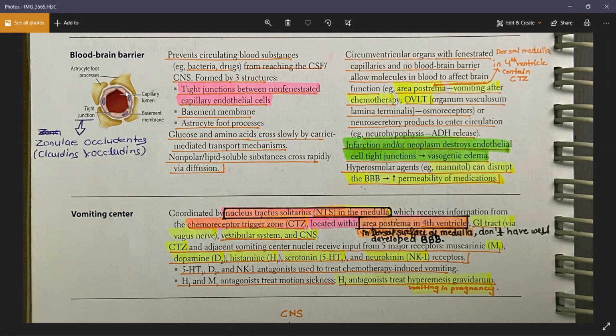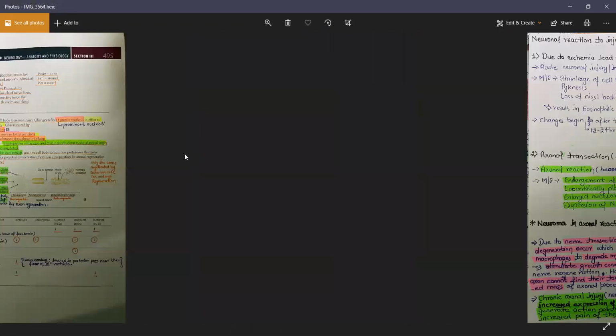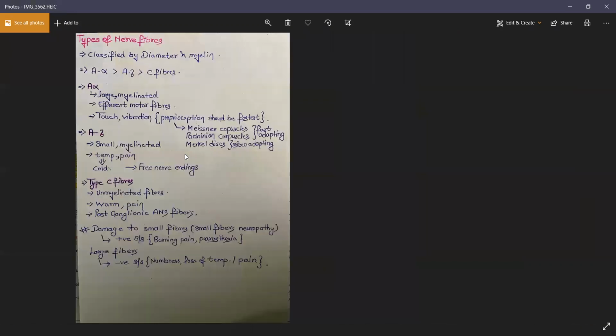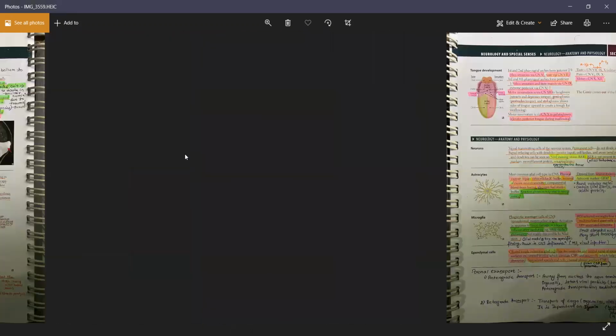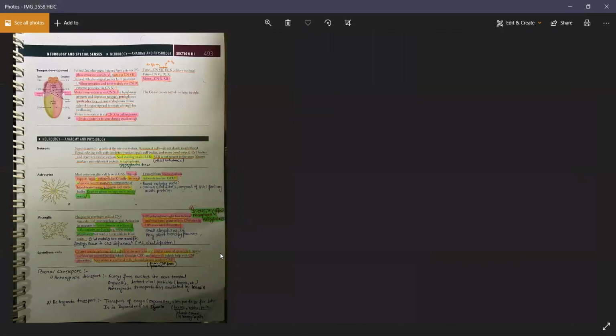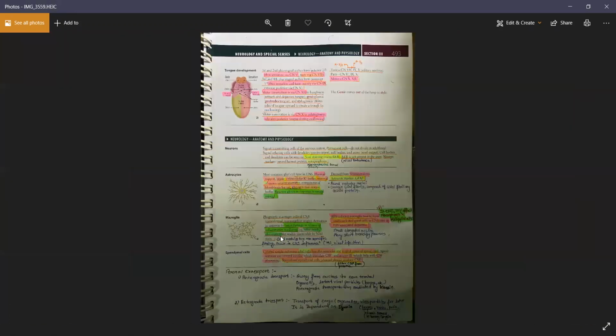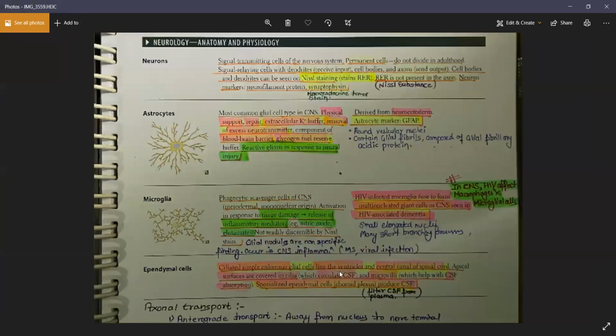See, if I go back, you have the choroid plexus in the ventricles, right? And does anyone know how this choroid plexus forms the CSF? Hyperfiltration. So basically they filter the blood and form the CSF out of it, right? In this area you do not have any blood-brain barrier.